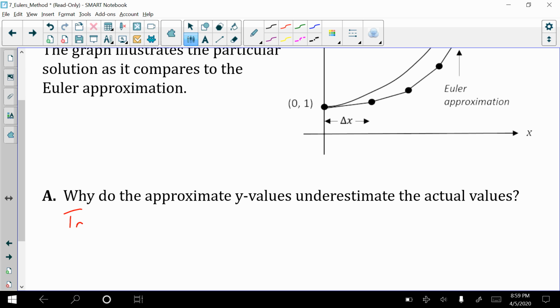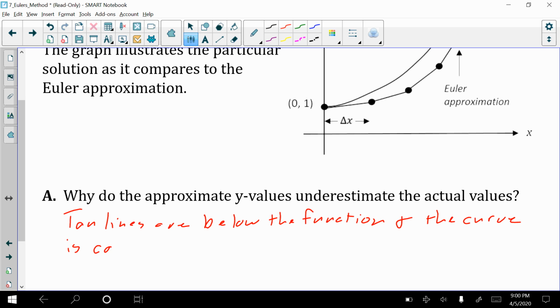The tangent lines are below the function or the curve, and the curve is concave up. That's what causes the Euler approximations to be an underestimate, because our tangent lines lie below a concave up curve.